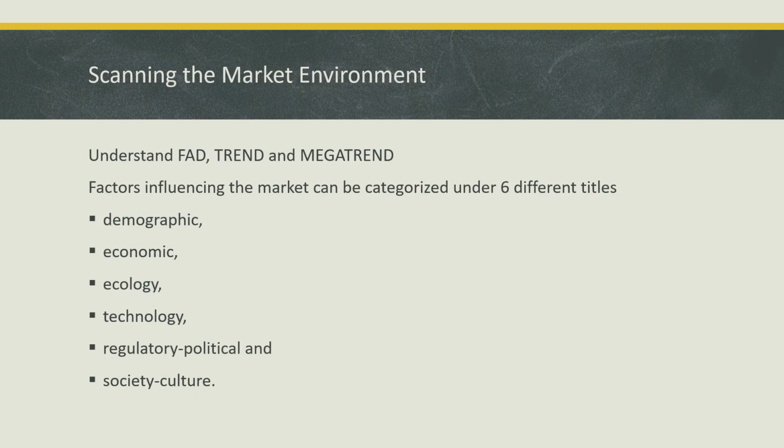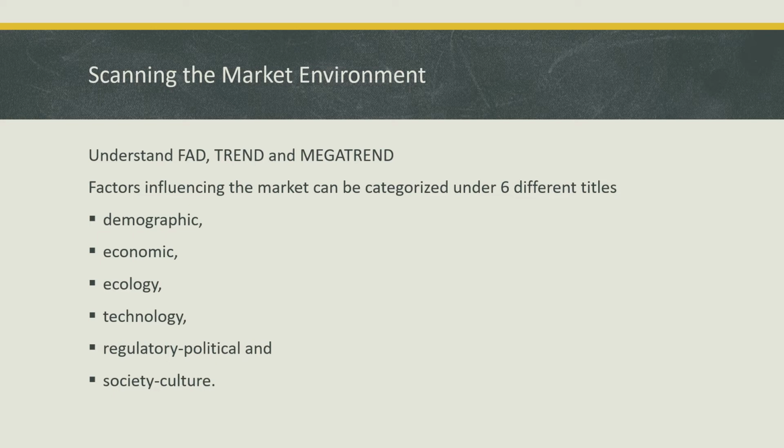Let's understand the terms fad, trend, and megatrend. Fad is short-lived, mushrooming of opportunity which is difficult to forecast. Business profit from fad is pure luck and chance. Trend is something which takes time to build up compared to fad and has a predictable future.